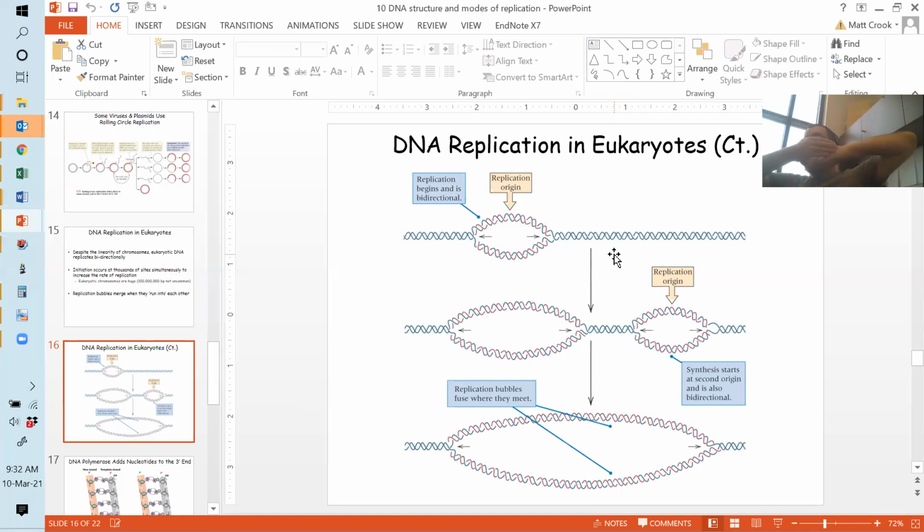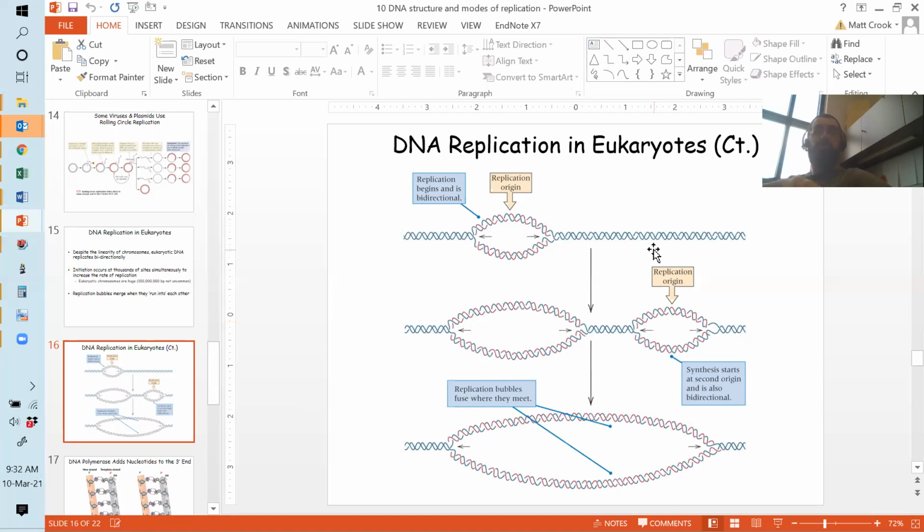Because we want to be able to open up the strands. Basically, you twist the DNA, like that, to pop open the strands, and you have multiple sites of this all the way along the chromosome.